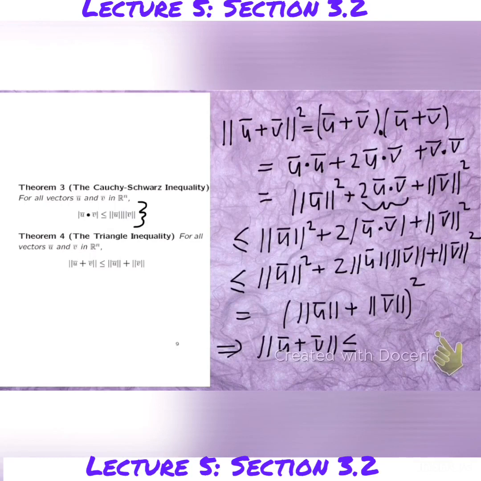So taking square roots on both sides, you have positive numbers, so you're not going to have a problem there with the inequality switching over. So there you've got your triangle inequality. This is a very important result in mathematics.